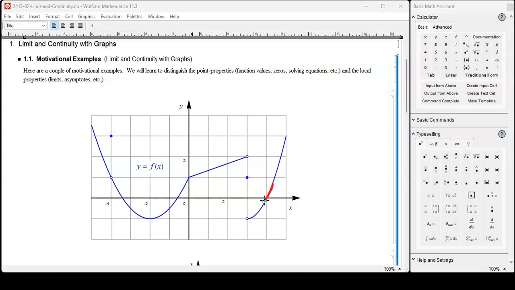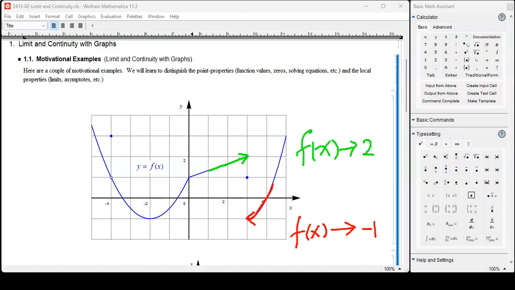So from the right hand side, the function value gets closer and closer to -1, this y coordinate value, from the right, and then from the left hand side, follow the graph, and you can see f of x gets closer and closer to +2.